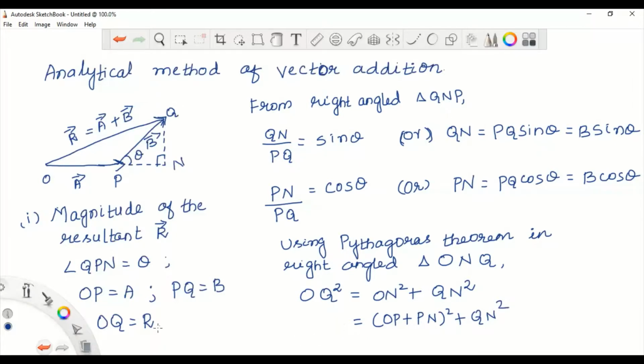So what is this OQ, children? OQ is nothing but our R. Okay. So this is our OQ square. So can you write it as R square is equal to OP is A plus what is PN? PN is B cos theta. So B cos theta the whole square plus we have B sin theta the whole square.